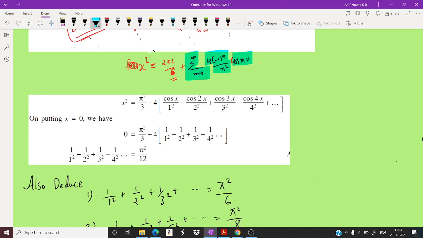Okay. Now, if we expand this, you will get x square equals pi square by 3 minus 4 times, you can take 4 outside.